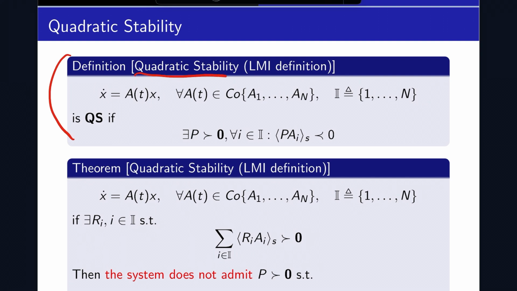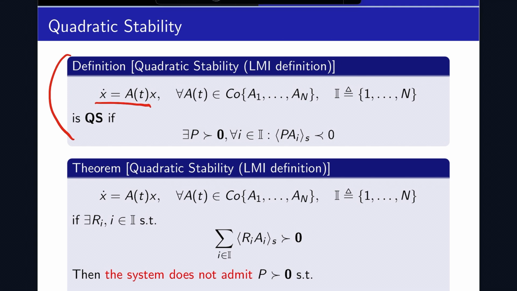So again, this is the quadratic stability LMI definition, and we have this x dot equals A of t times x, where A of t takes values in this convex hull. I'm also defining the sets, 1 to n, just to make things easier for myself and hopefully for you as well.